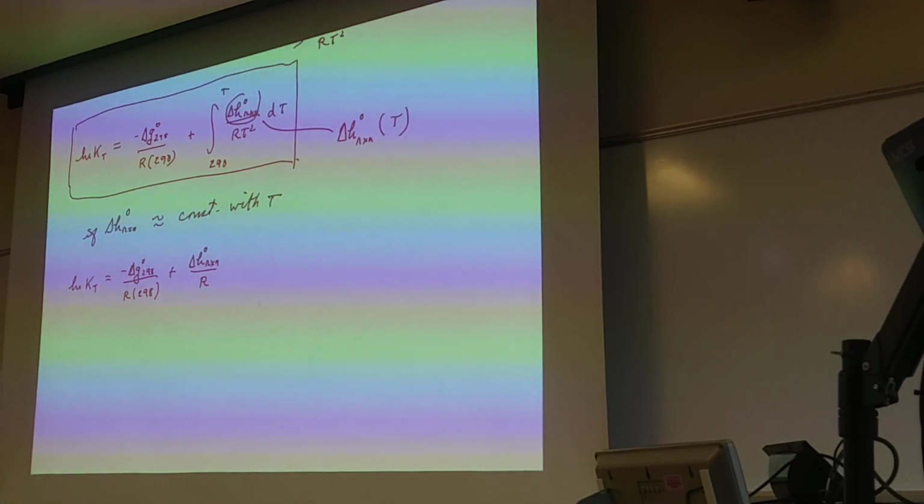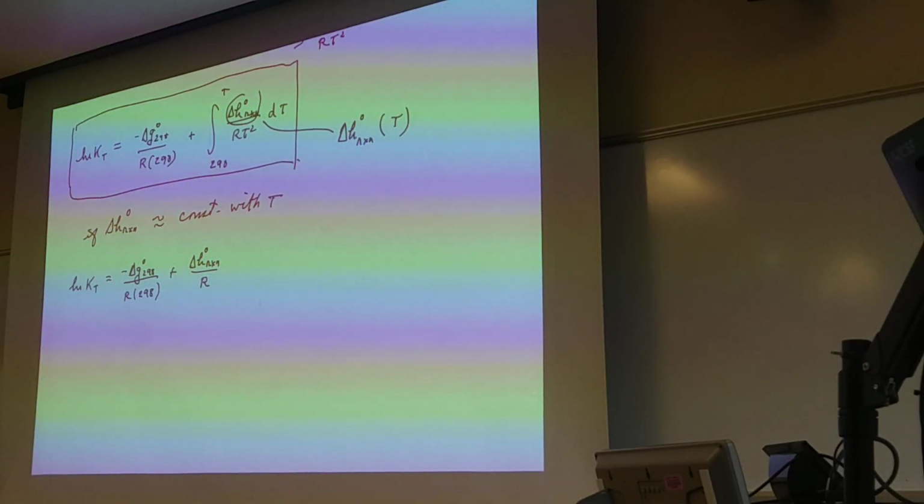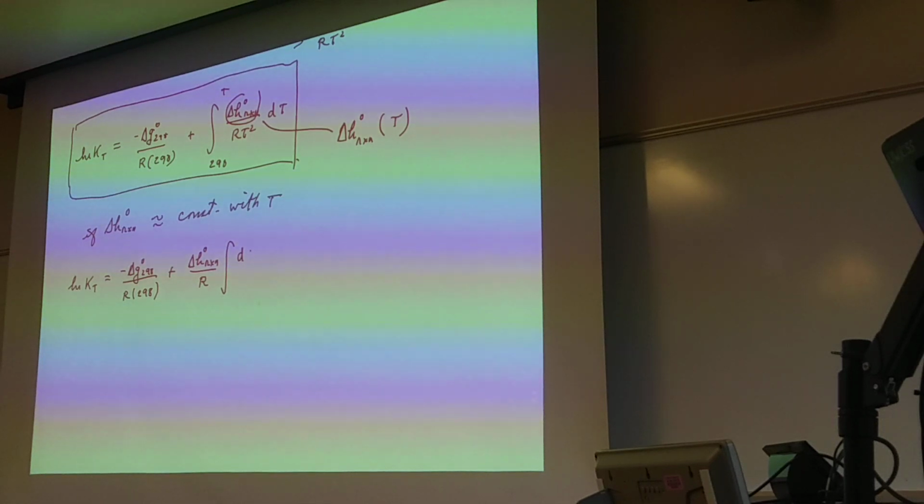Tabulated a reference value of 25C or 298. And all I've got left inside the integral now is dt over t squared.